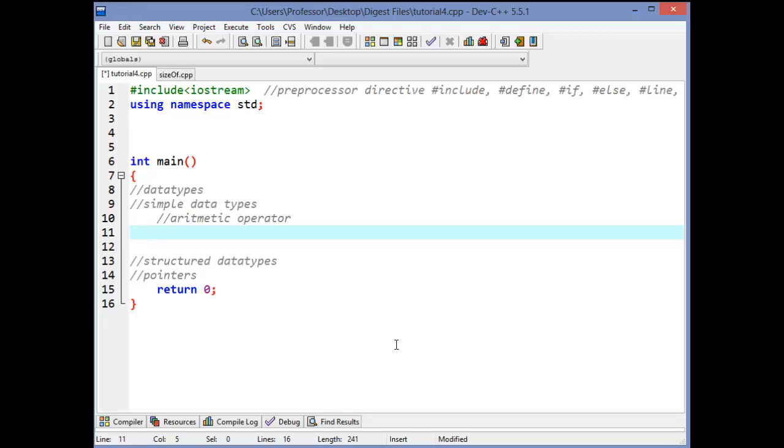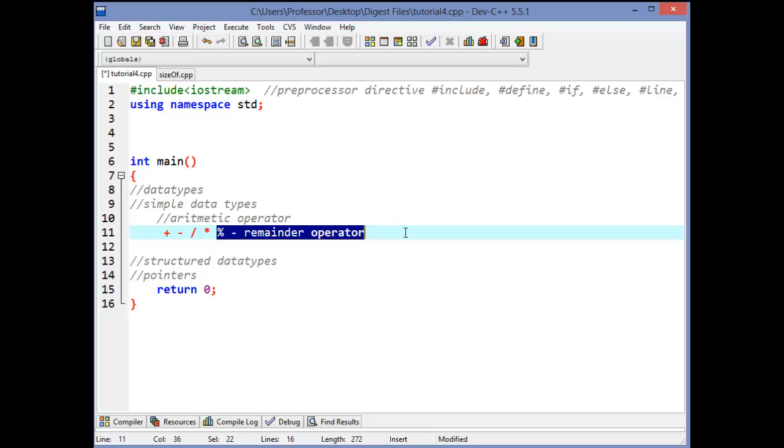So in C++, we have addition, subtraction, division, multiplication, and modulus. Is that okay? Now this modulus is also known as the remainder operator. It is used to find the remainder of two operands.